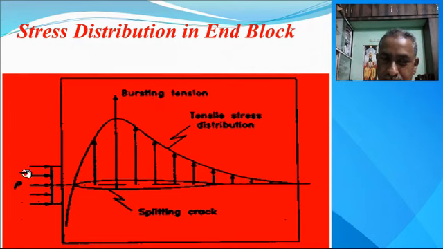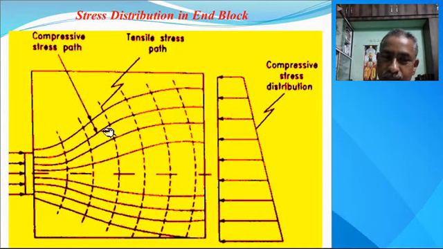This is the plate, and we have applied the prestressing force, and in the beginning along this direction compressive stresses are there, and along this transverse direction, tensile stresses are developed. That is called the bursting tension. This is the clear picture. Here along this direction, these are the tensile stress paths, and these are the compressive stress paths.